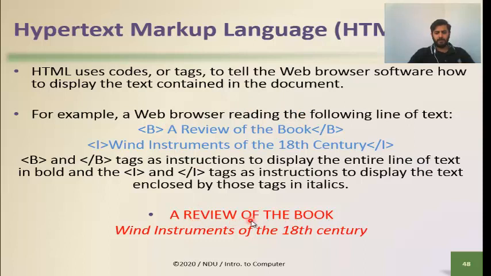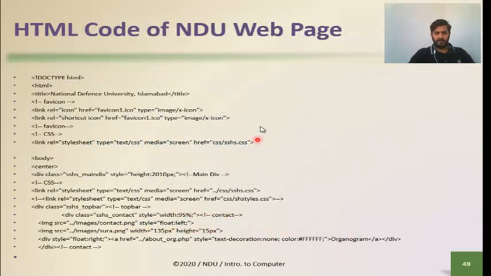That is the result. Similarly, if I write inside the italic tag, I get this type of output. This is one way of building the HTML language, and this is one example.